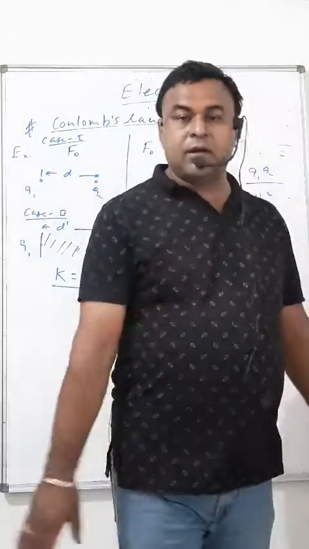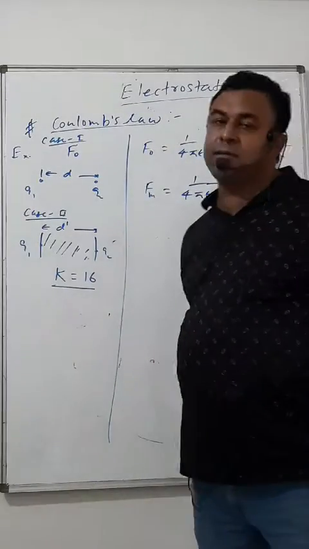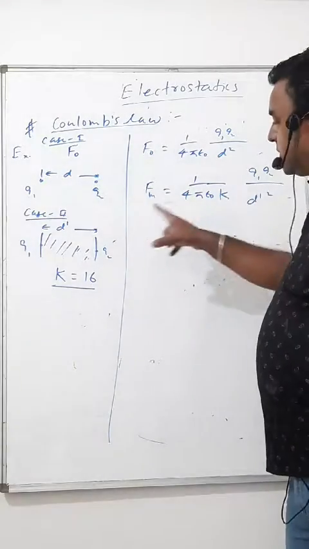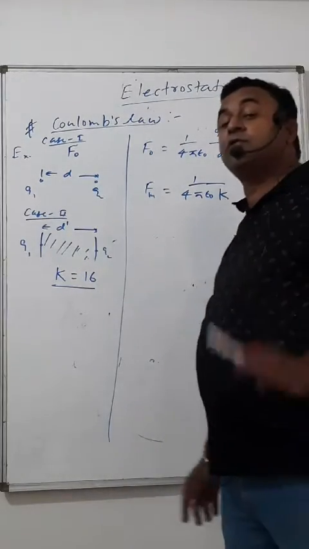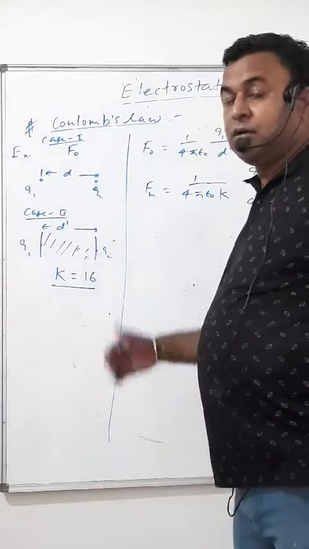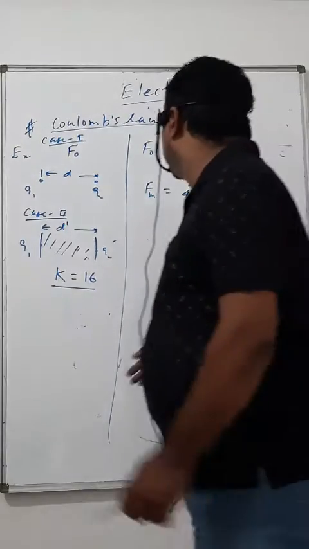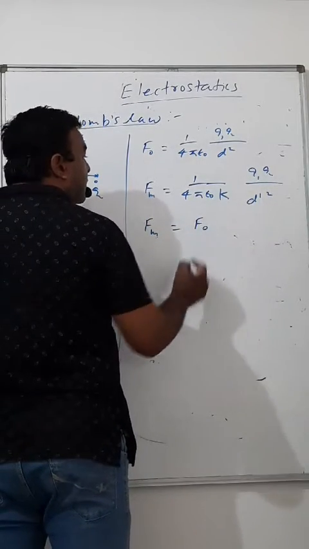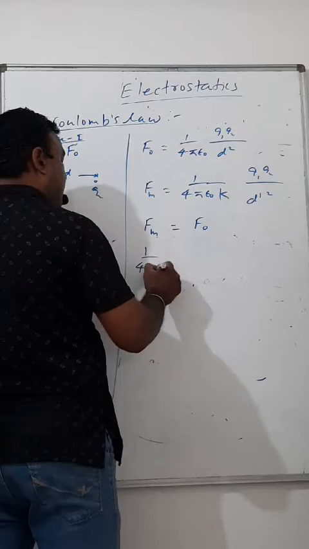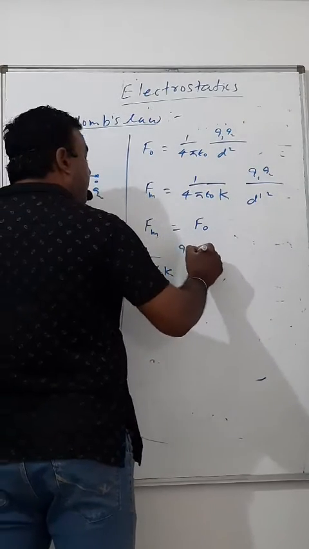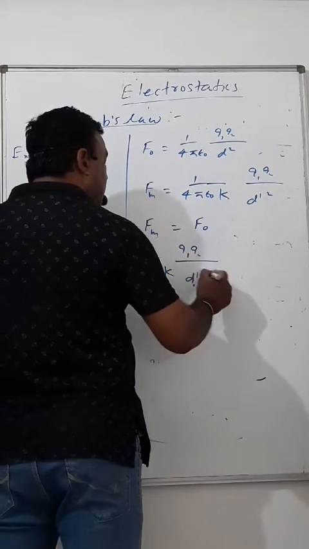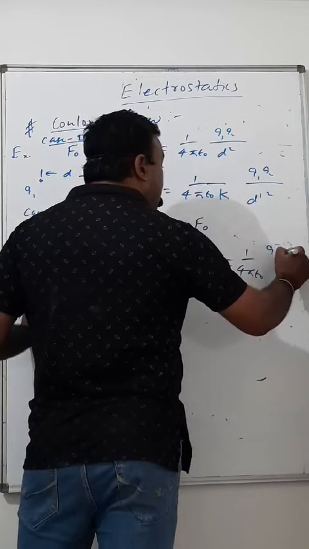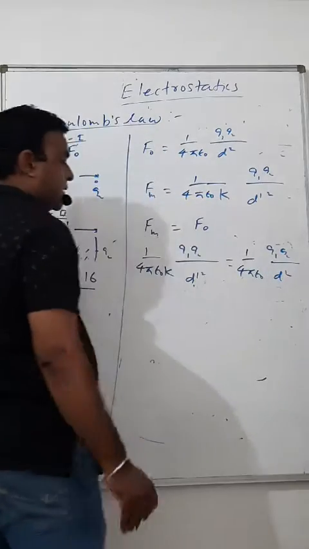But it is required that the force must remain the same. Then definitely we can change the distance D. What should be the new value D dash so that the force remains the same? That means if I equate Fm to F naught, then 1 upon 4 pi epsilon naught K Q1 Q2 by D dash square equals 1 upon 4 pi epsilon naught Q1 Q2 by D square.